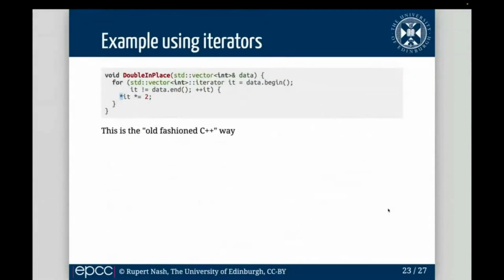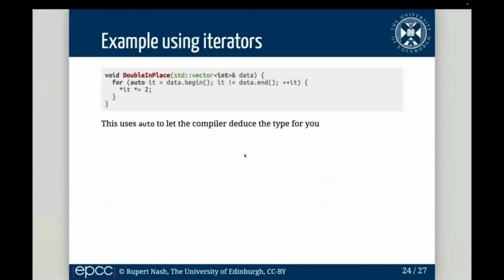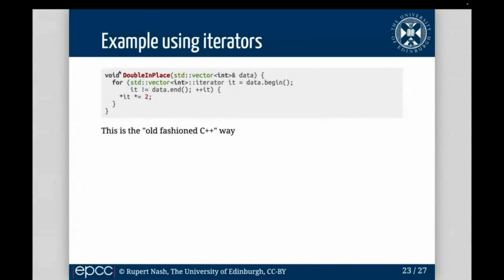So that was the old-fashioned way to do it. The new way is to use auto, which you now know. So you let the compiler deduce the type for you. It's more convenient because you don't have to write this. It's always impressive at first because there are colons and brackets, but it just means, in the standard library, give me a vector which contains integers, and give me an arrow pointing on that container.